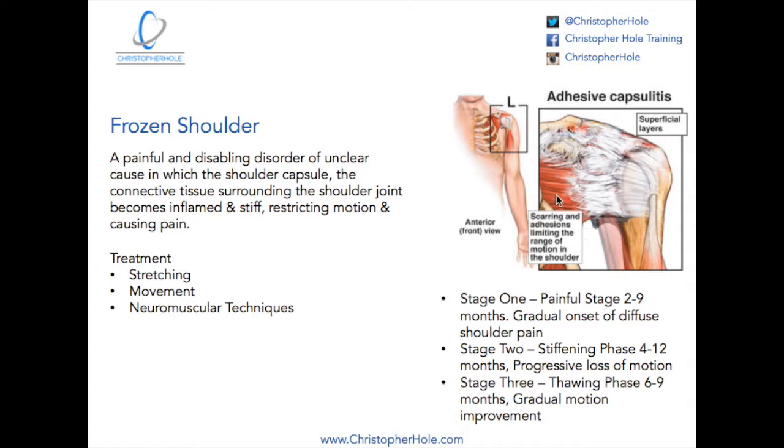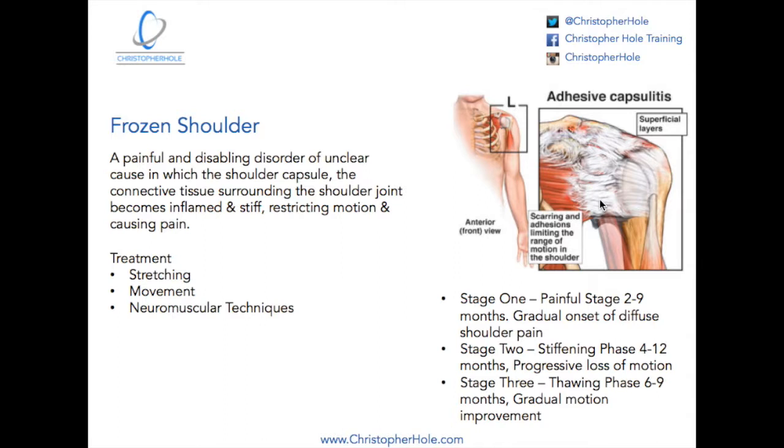You can see the various muscles around the shoulder, but what you've also got is sort of a thicker type of tissue going around it, which is the joint capsule, which is becoming inflamed due to some degree of degeneration. And as the description described, there is sort of no clear cause of that.